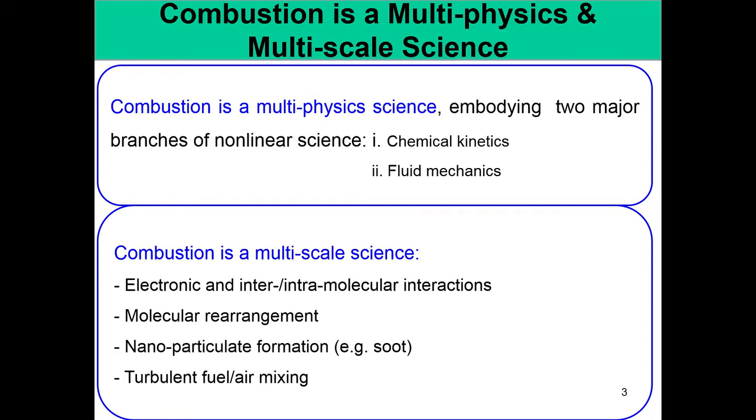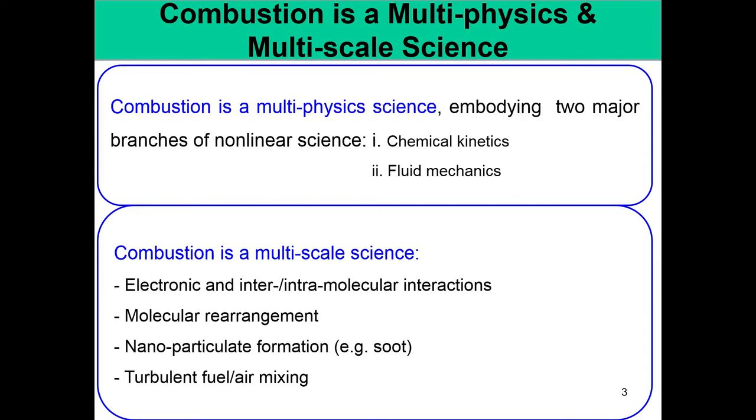First of all, it is multi-physics, it involves different branches of science. The two pillars of combustion are essentially chemical kinetics and fluid mechanics. Of course, it also involves thermodynamics and heat transfer, but to develop a great deal of expertise in combustion, you need to understand chemical kinetics and fluid mechanics both in equal detail.